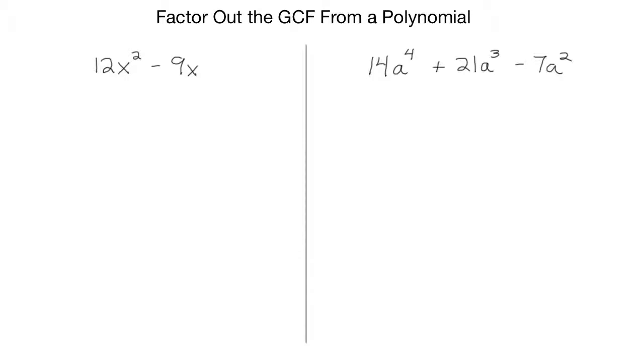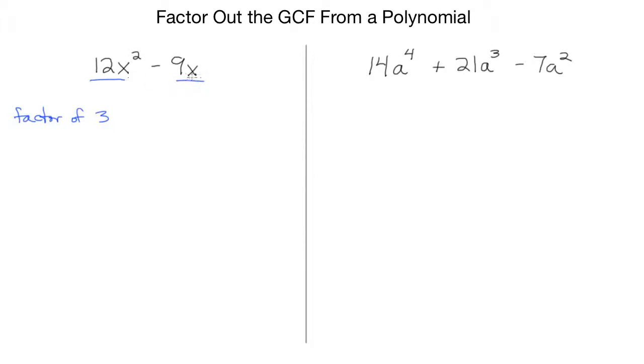All right, first thing I need to do is look at both of these terms for the binomial. What is the greatest common factor? Well, I'm going to start with the 12 and the 9, my number part, and the 12 and the 9 both have a factor of 3. Now we move to the x part. I got x squared and an x.